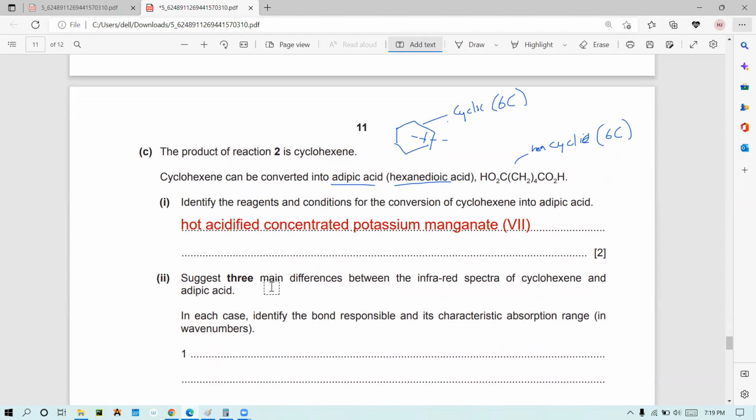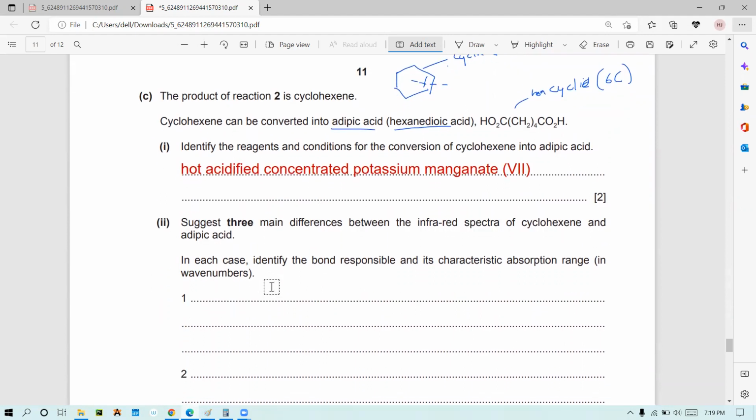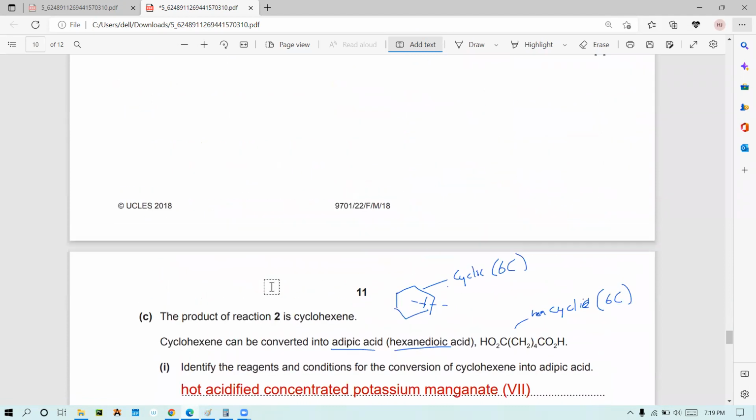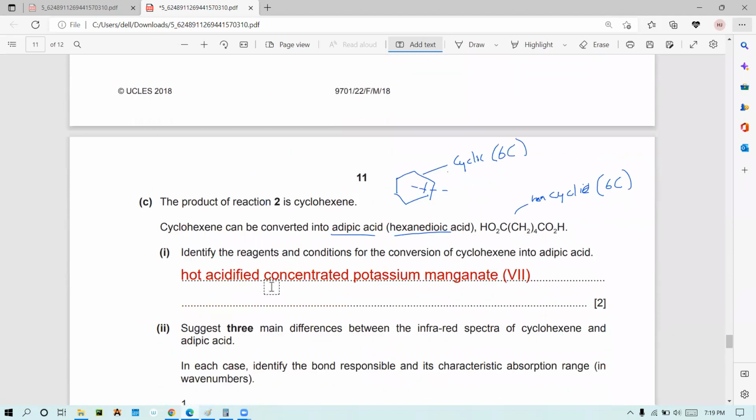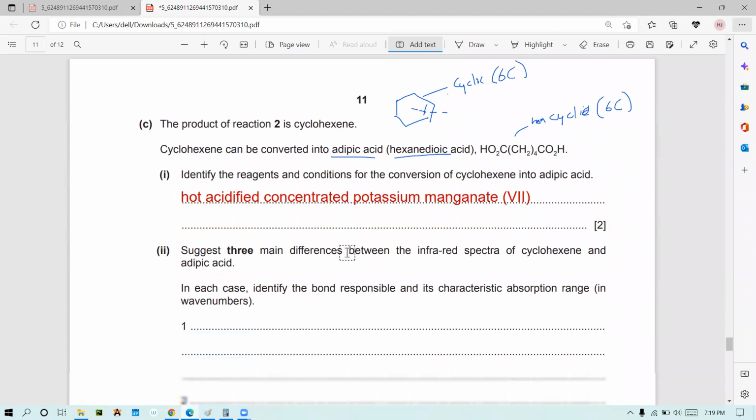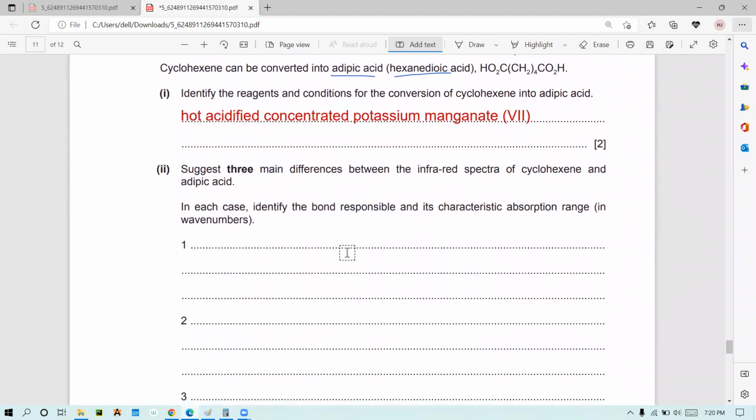Suggest 3 main differences between the infrared spectra of cyclohexene and adipic acid. Okay. What is the adipic acid formula? Adipic acid formula is, I'll draw the structure for adipic acid. It has 2 functional groups of carboxylic acid here. I'll draw it over here. COOH.